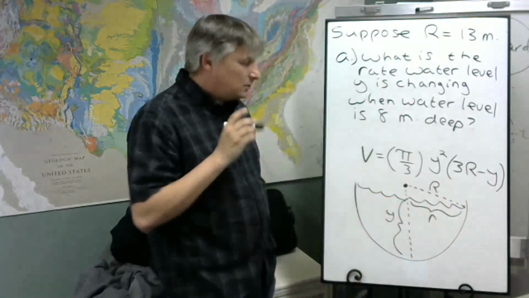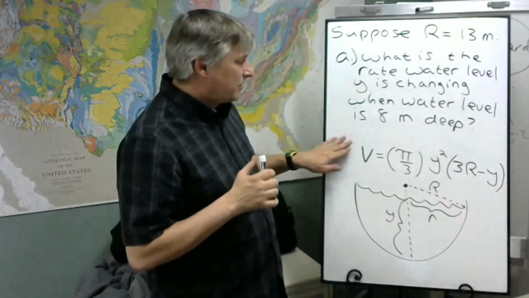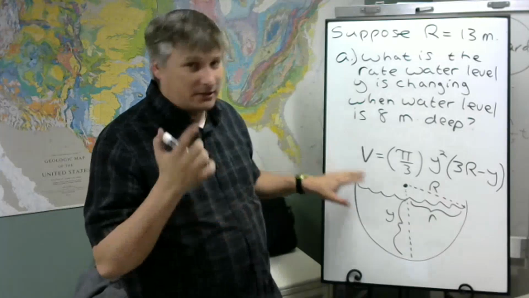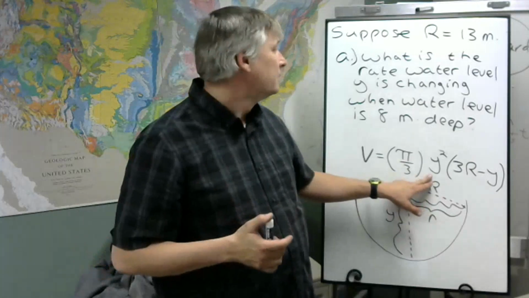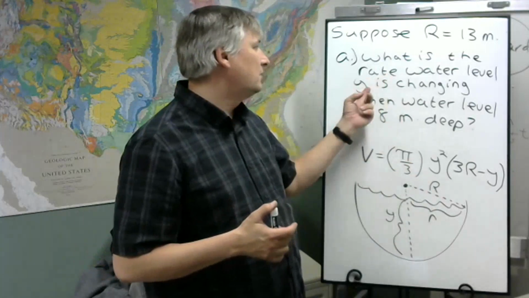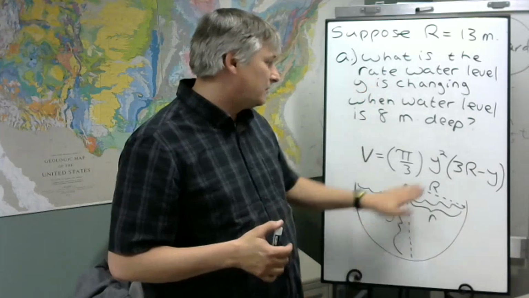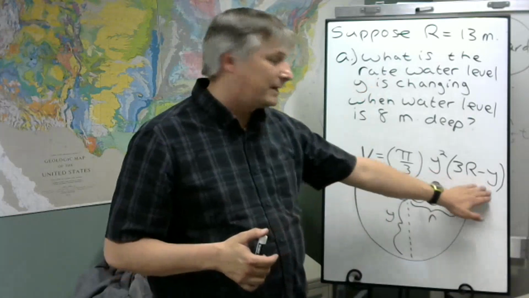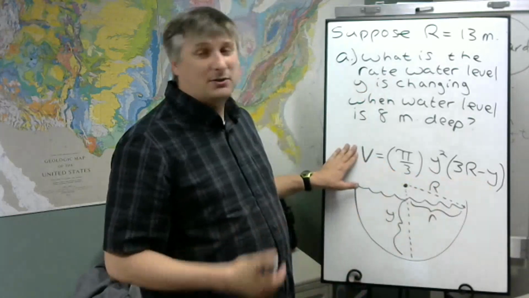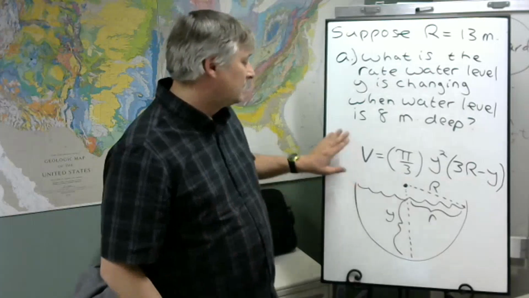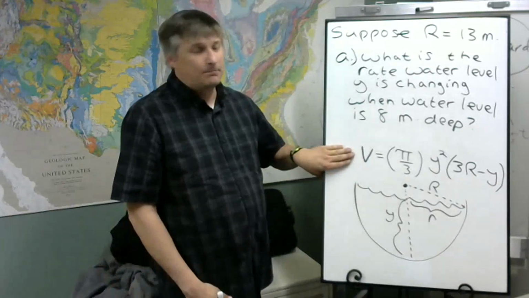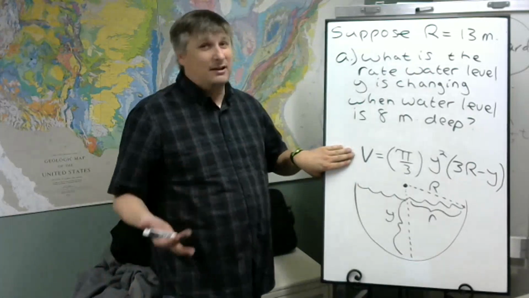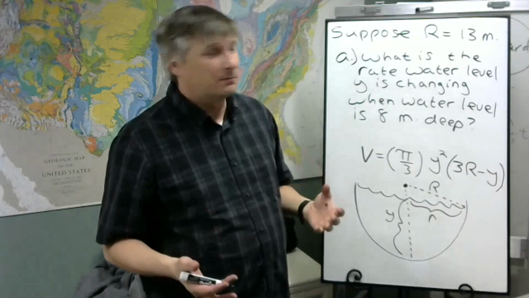Well, what we can do is this. We need a dy/dt in here because we're talking about the rate of the water level, so we need a derivative dy/dt. That means we need to take the derivative of both sides. We're going to get dV/dt. That gives us some breathing room.